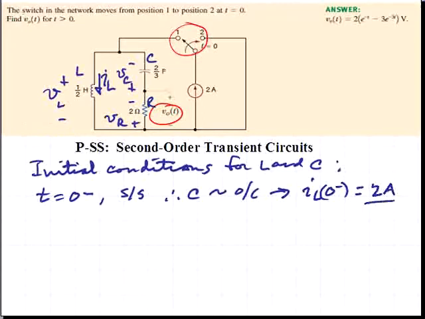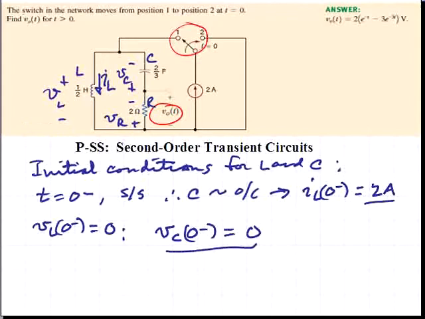That is the strength of the current source in the circuit. Since VL at 0 minus is equal to 0 by that steady state condition assumption, we have that the capacitor voltage at 0 minus is also equal to 0 because the inductor essentially short circuits the capacitor.